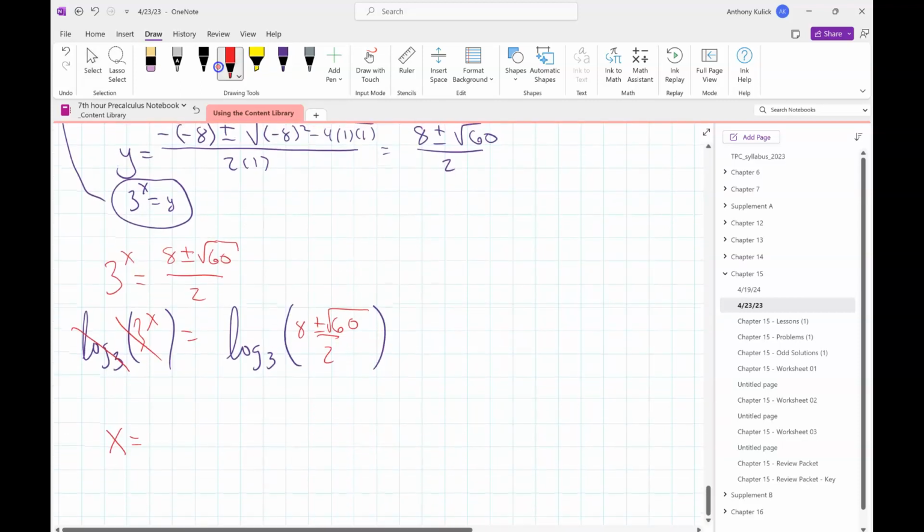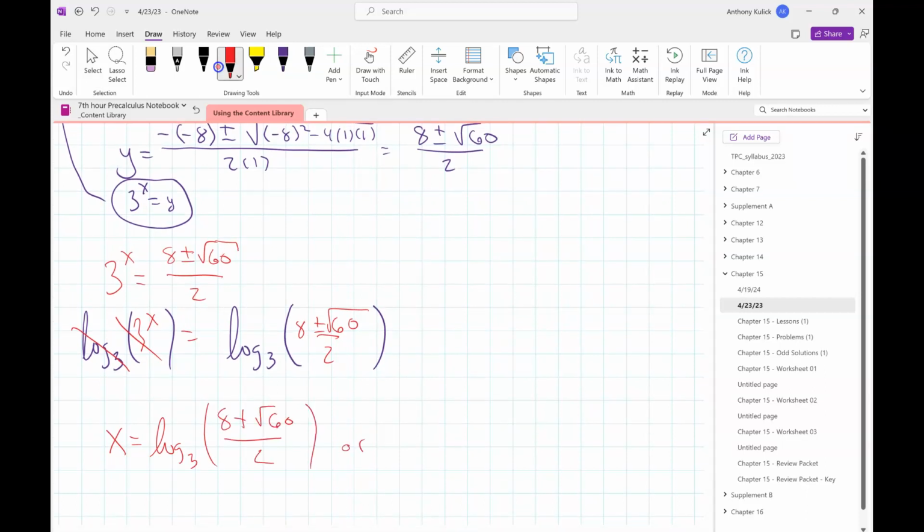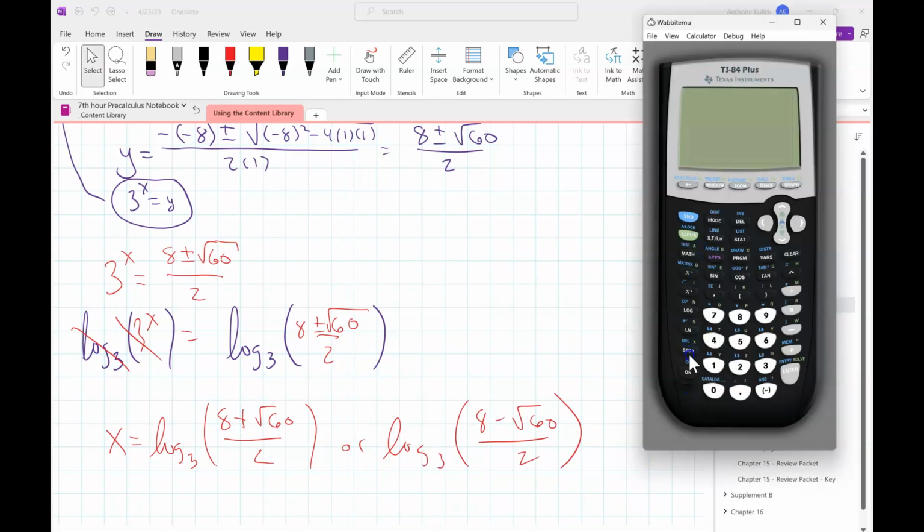So we'd say x equals log base 3 of 8 plus square root of 60 over 2, or log base 3 of 8 minus square root of 60 over 2. To get those values, we go to our calculator.